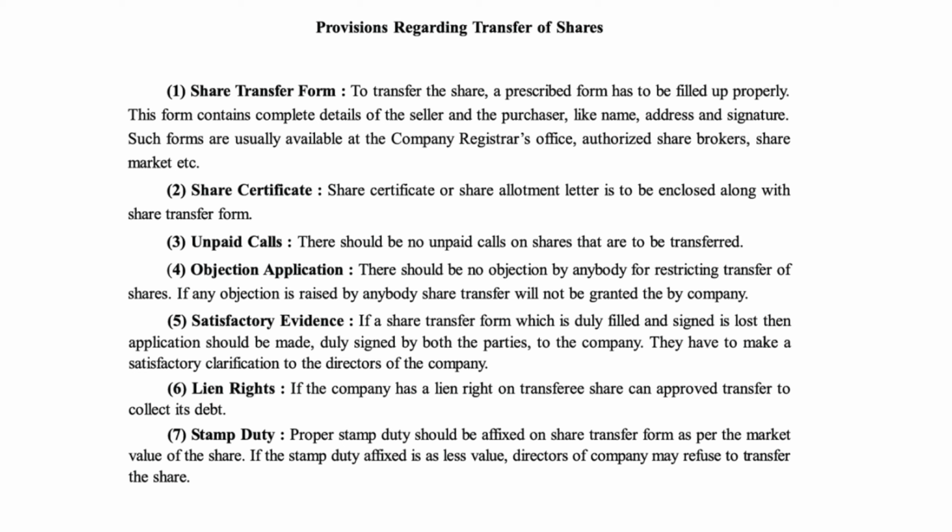In that case, both the seller and the purchaser will have to sign a declaration and submit it to the company. The company will consider their request, and even though they do not have the original share certificate, they may complete the remaining process.